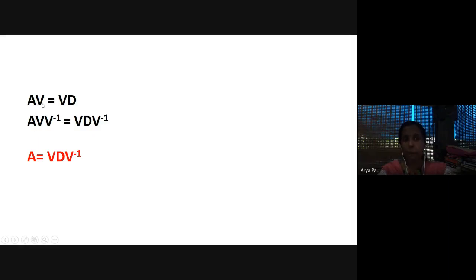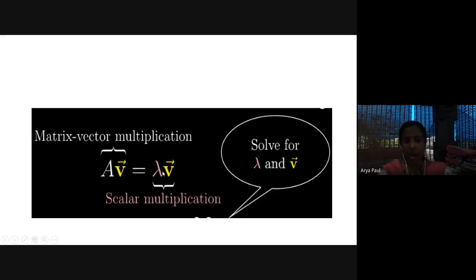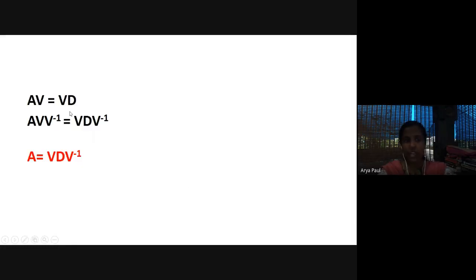Suppose you start with the equation AV equal to VD, the same as AV equal to lambda times V. Now you post multiply LHS and RHS by V inverse. So AV into V inverse is equal to VD into V inverse.